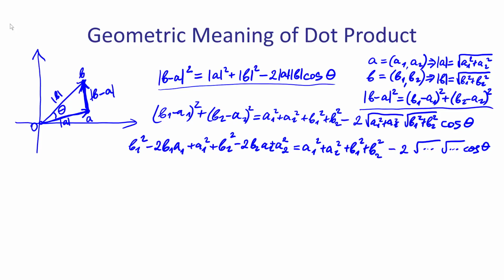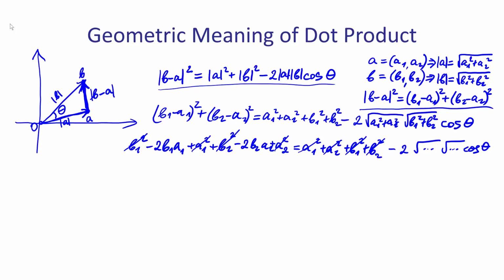Now let's make a few cancellations. b1 squared with b1 squared, a1 squared with a1 squared, b2 squared with b2 squared, and a2 squared with a2 squared.